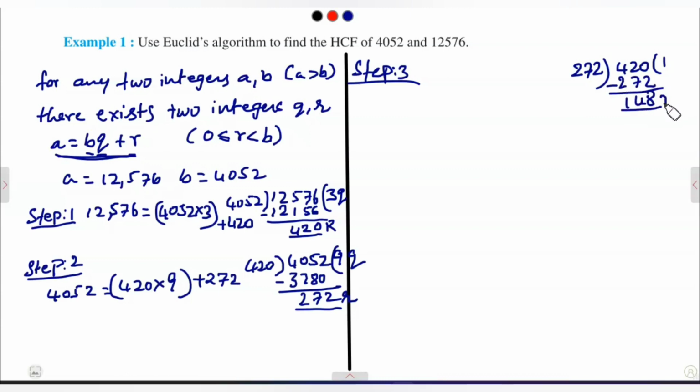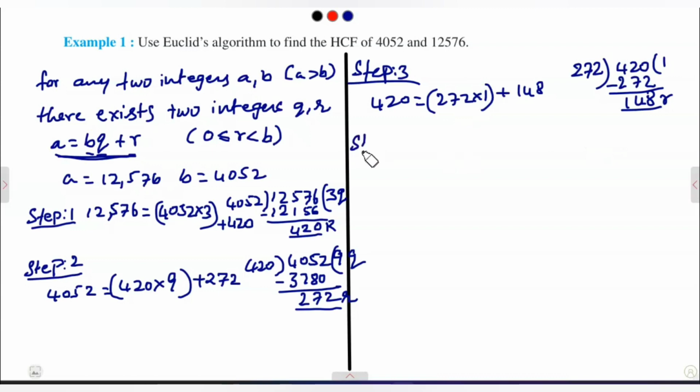So this is our remainder in this case. Applying the division lemma, you can write it as 420 is equal to 272 times 1 plus remainder 148.